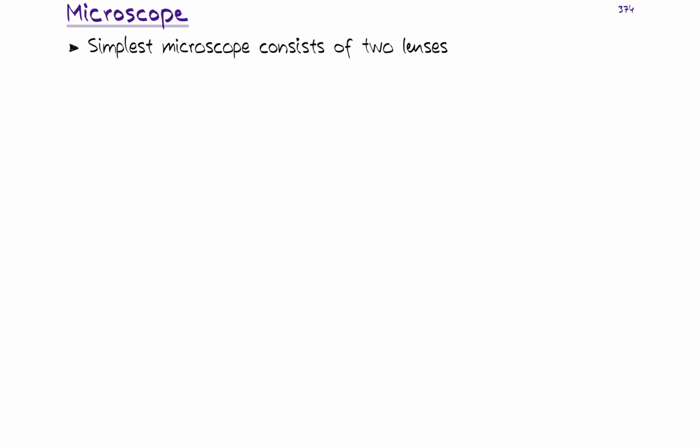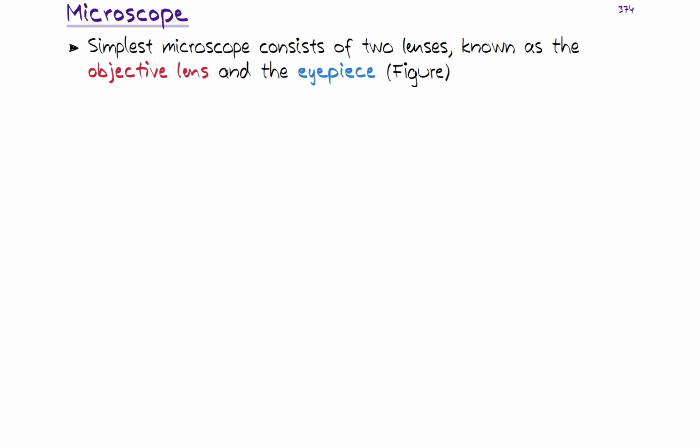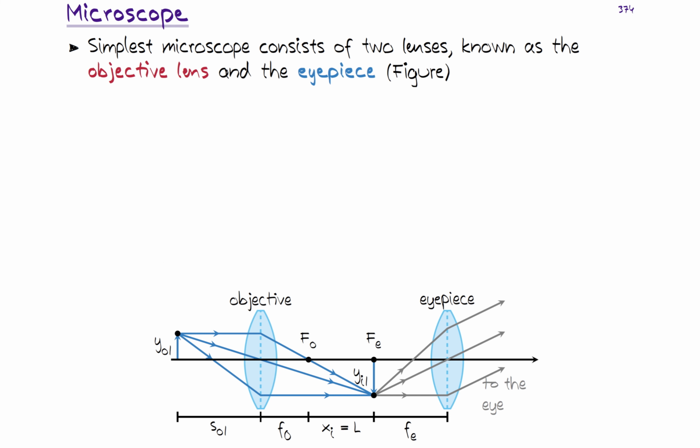So we can look into the simplest possible microscope configuration we can think of, and that consists of two lenses, as we were describing in the previous lecture. We have the objective lens, the first lens in our instrument, and then the eyepiece, as shown in the figure. Both lenses, as we know from our previous lecture regarding several lenses, magnify the image of my object.